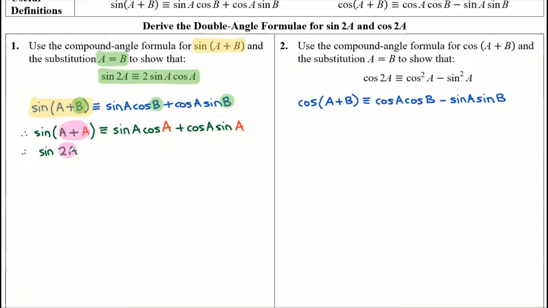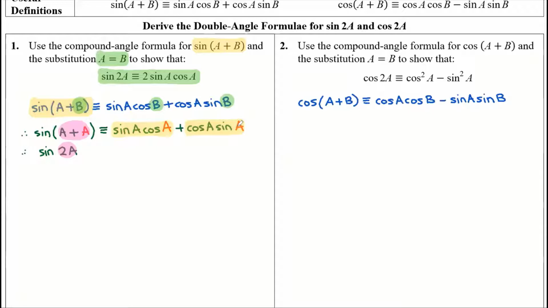And on the right-hand side, what have we got here? Well, we appear to have the same expression twice. We've got sine A cos A. Now, although they're written in a different order, it doesn't matter. As you'll know, they're the product of the same thing. So we've essentially got 2 sine A cos A's.